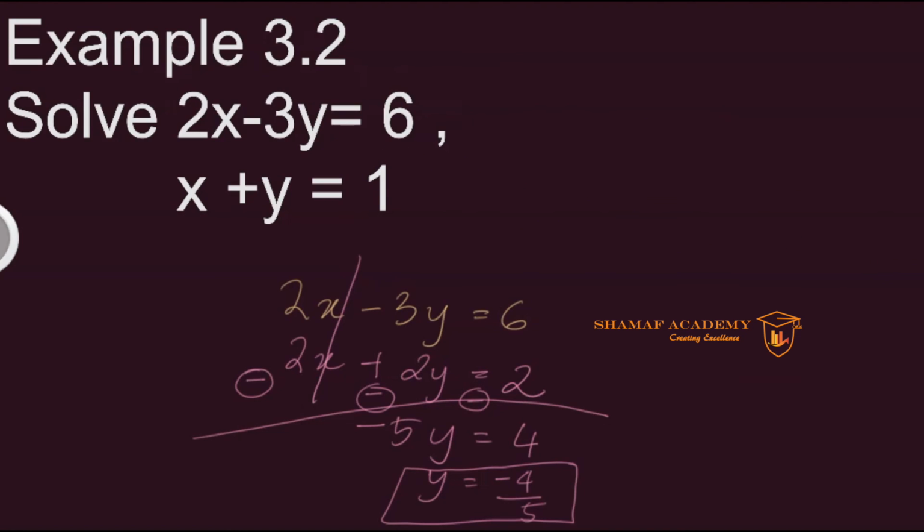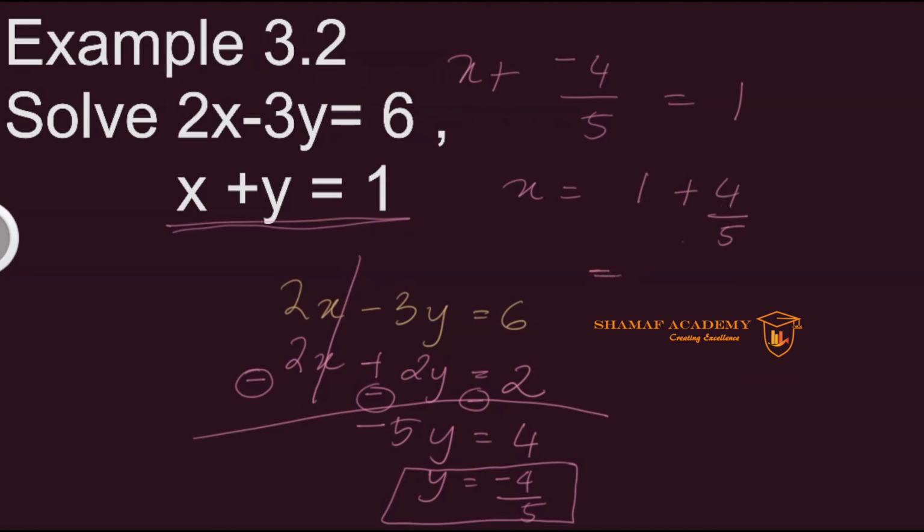Now that we know our y, let me substitute this in the original equation right here because this looks simple. So let me write here x plus minus 4 by 5 equals 1. This minus 4 by 5 goes to the other side, so it will become x equals 1 plus 4 by 5.